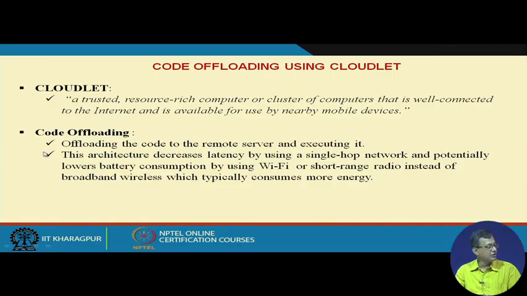So, this is offloading code to the remote server and executing it. This architecture decreases latency by using a single-hop network and potentially lowers battery consumption using Wi-Fi, short-range radio, broadband, wireless, etc. So, first of all offloading, and secondly when we make multiple hops, then the cost increases.